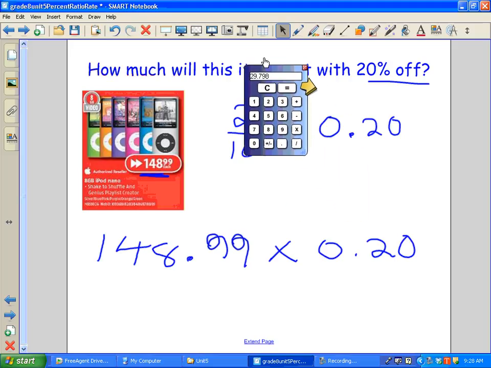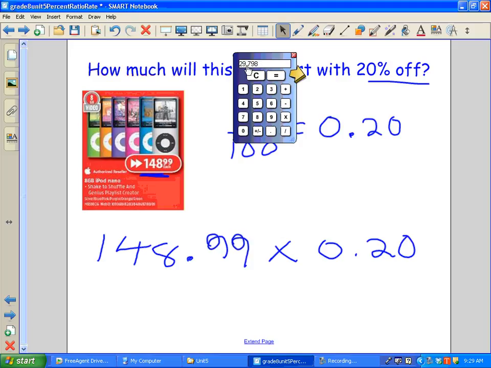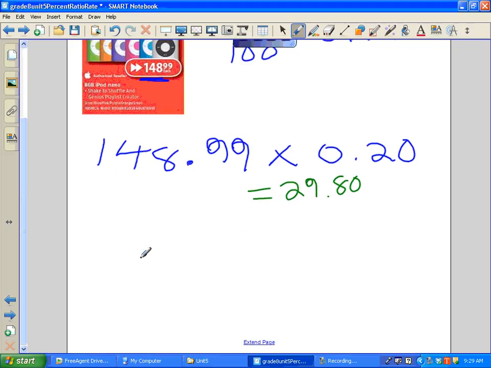And our answer is $29.79, but there's an 8 after the 79 cents, so we round it up to 80 cents. So it's going to be an extra $29.80 off the price.